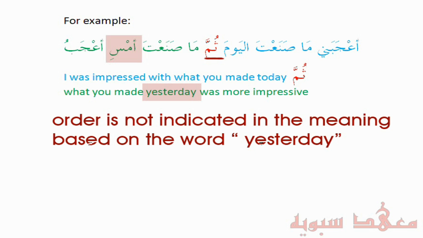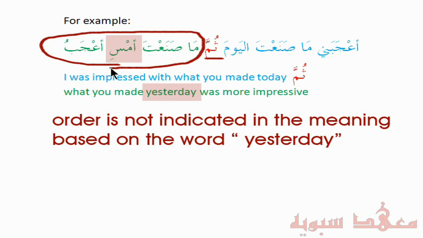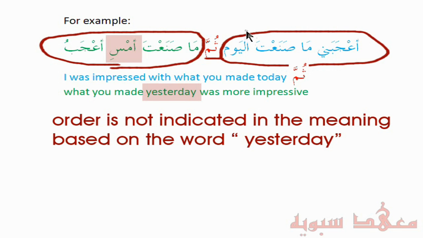Order is not indicated in the meaning based on the word yesterday, because this happened yesterday and this happened today. So it's not talking about order, because this happened before this.